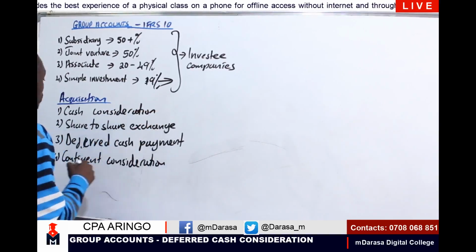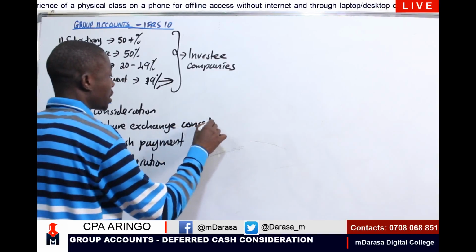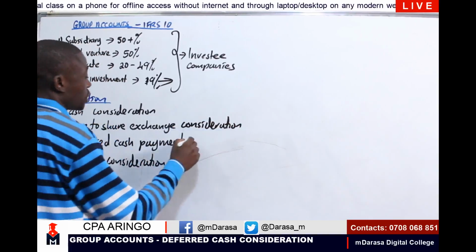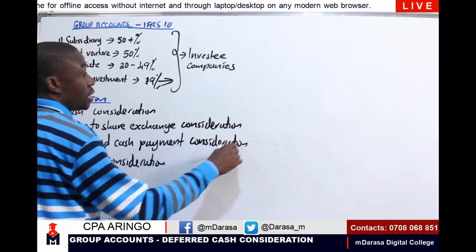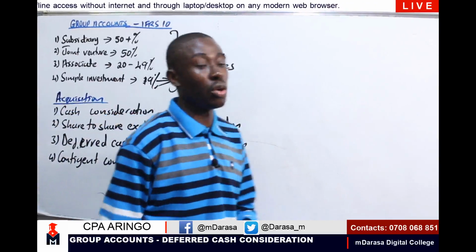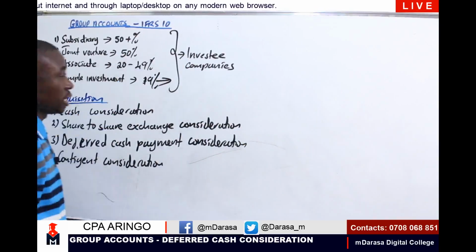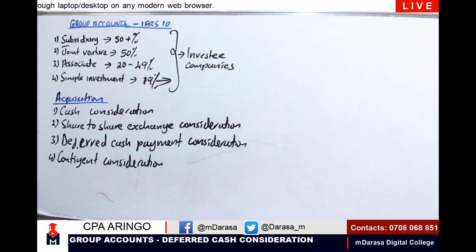All these are the methods of consideration you can consider: cash consideration, share-to-share exchange consideration, and deferred cash payment consideration. All these are methods you can use to pay for the acquisition of any of these investee companies. That will be very vital to understand.